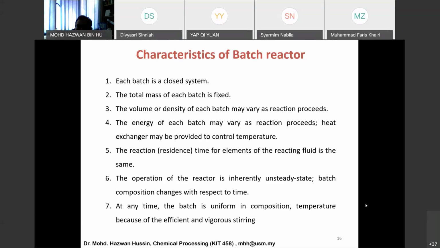The reaction time for each element of the reactive fluid is the same, and the operation of the reactor is inherently unsteady state, in which the batch composition changes with respect to time. At any time, the batch is uniform in composition and temperature because of efficient and vigorous stirring.